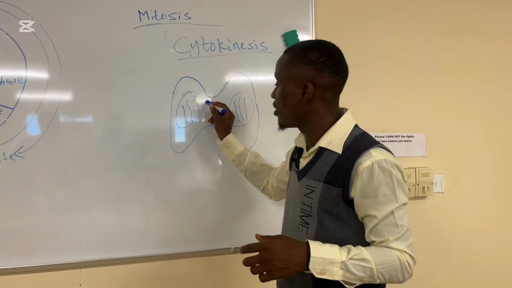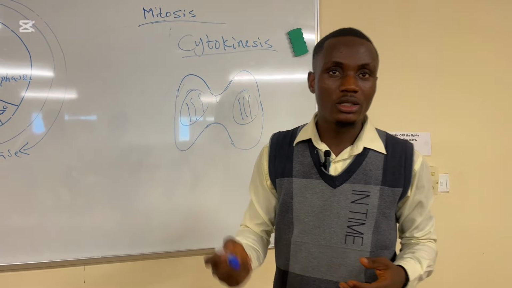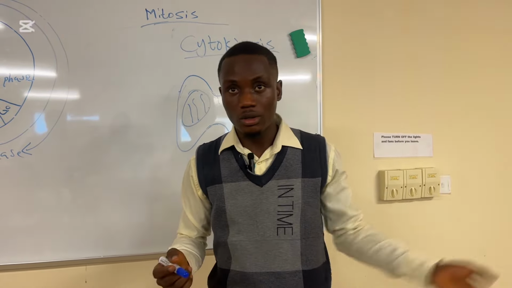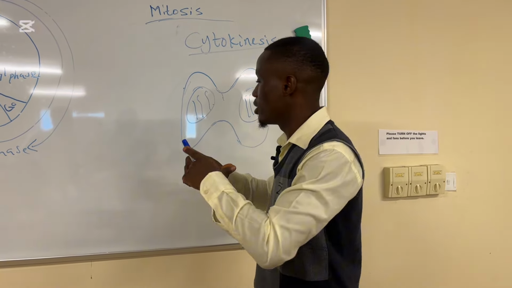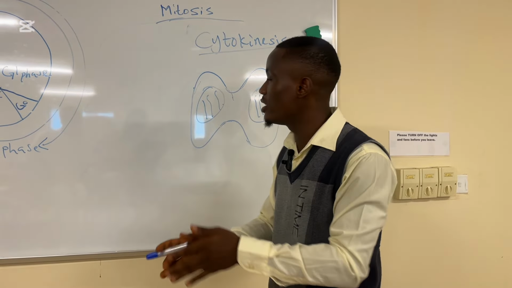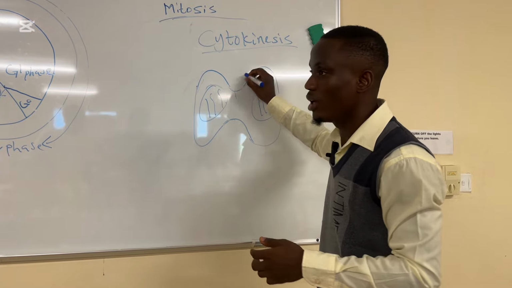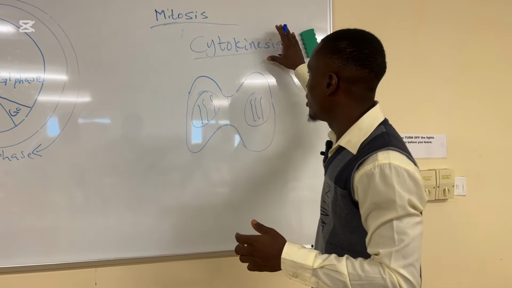Within the cytoplasm of any cell, there are a lot of organelles, talking about mitochondria, talking about endoplasmic reticulum, and each of them has its own specific function. To make sure this cell is able to perform independently, the cytoplasm that connects them has to degenerate. And this is what cytokinesis is all about.